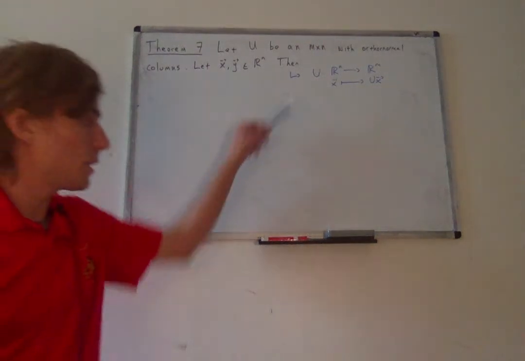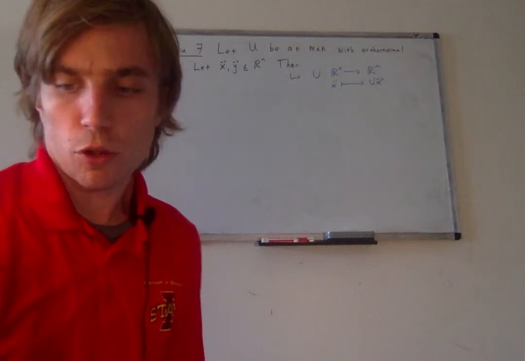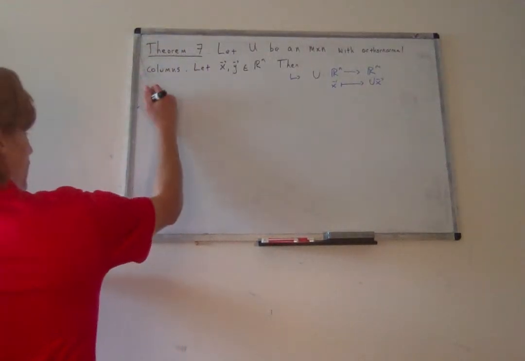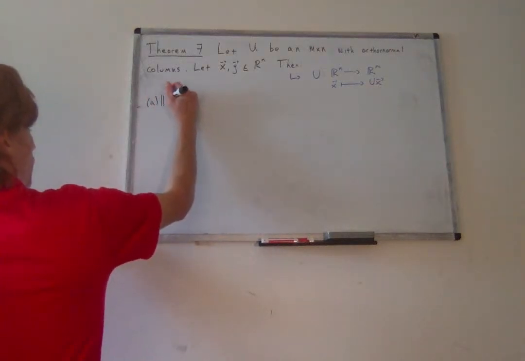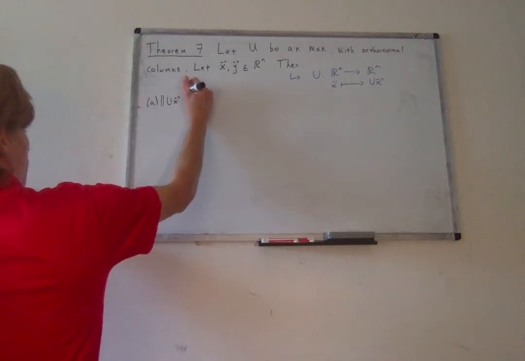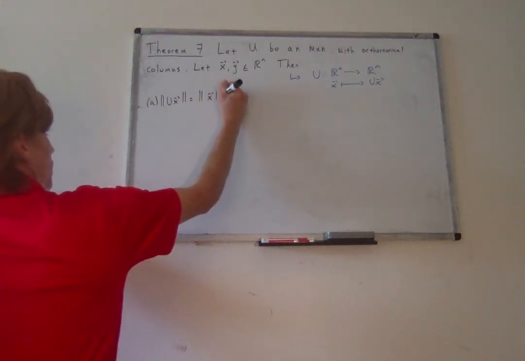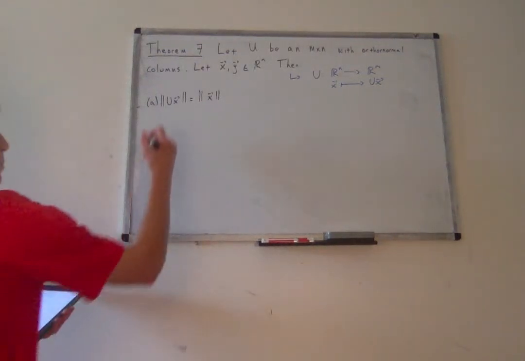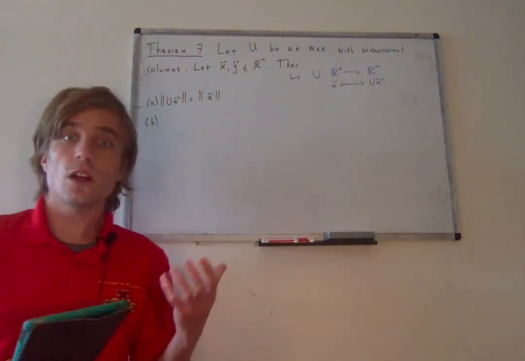All right, so keep this in mind as I start to list off all these properties, and then either before or after the proof, we can talk about what these properties mean in this context. So the first property is that the norm, or the length of U times x, is the same as the length of x. So right off the bat, notice as a linear transformation, U will always send x to a vector of the same length.